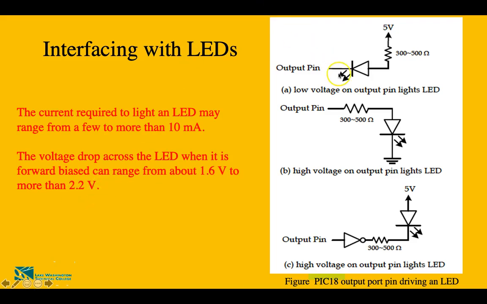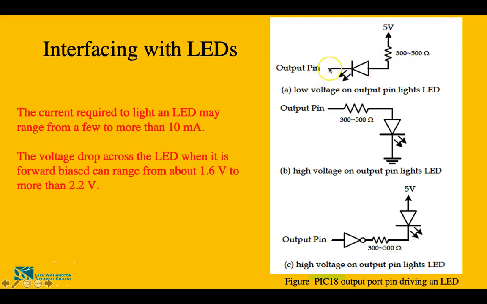These are some of the typical circuit connections shown here. Here is your 5 volts, and a resistor of 300 to 500 ohm is connected, which is required to limit the current flow. So that's how you connect.